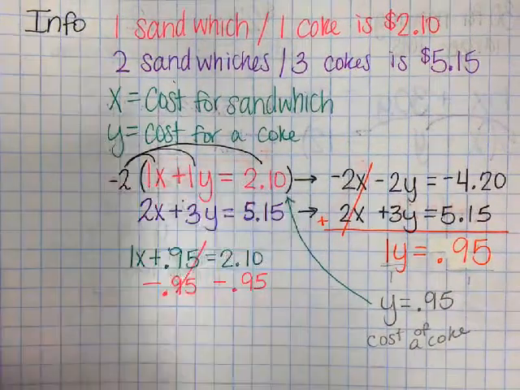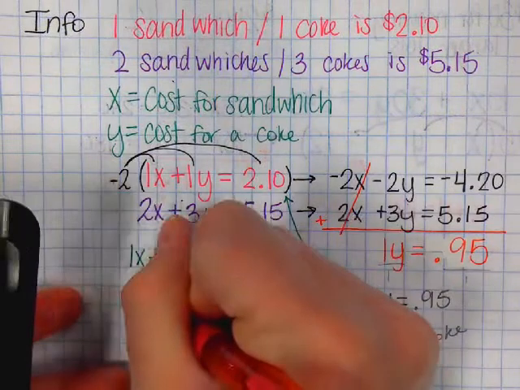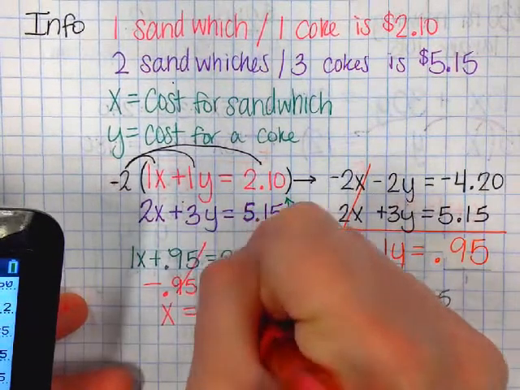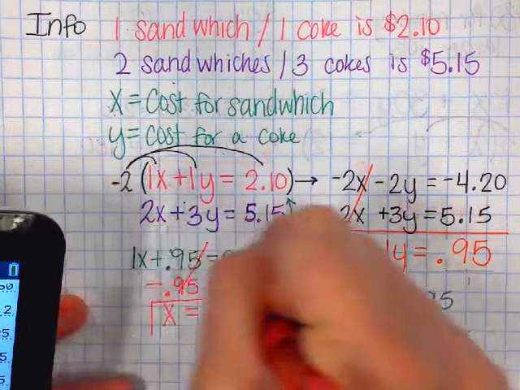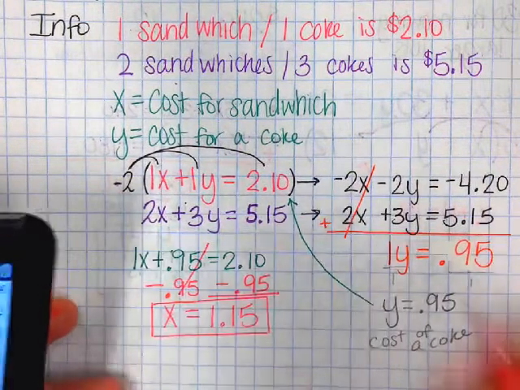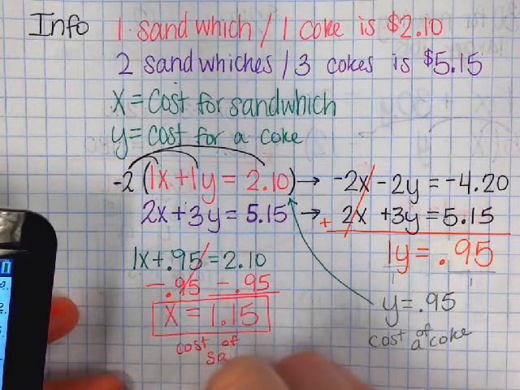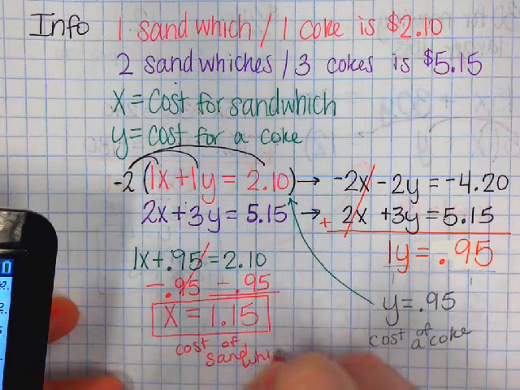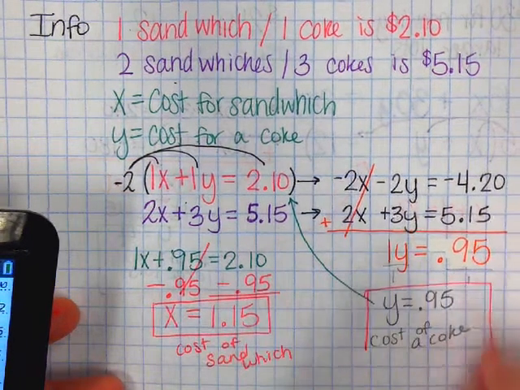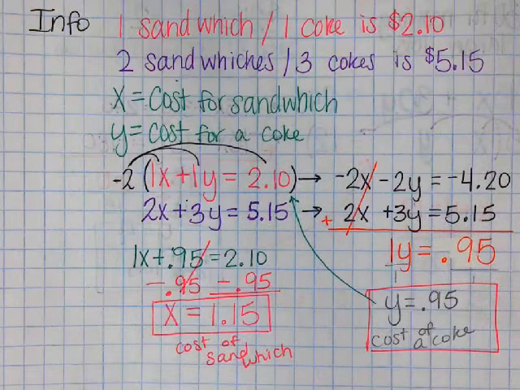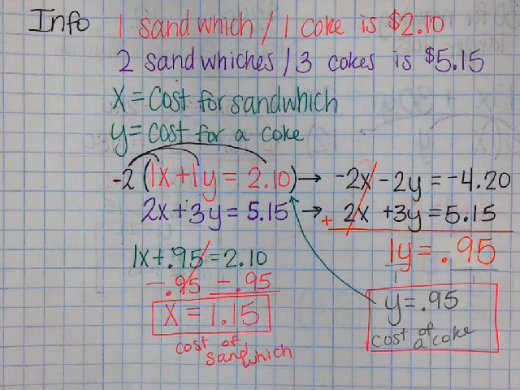So 2.10 minus 0.95 is 1.15. Man, I don't know when this problem was written, but their sandwiches are real cheap, and so are their Cokes. And that is the cost of a sandwich. Okay, so that is your solving word problems.